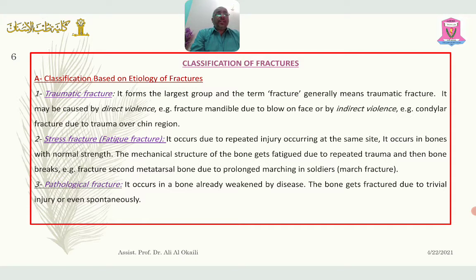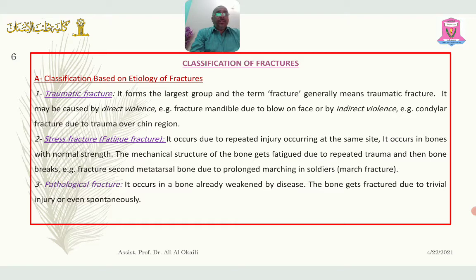Stress fracture or fatigue fracture. It occurs due to repeated injury occurring to the same site. It occurs in bones with normal strength. The mechanical structure of bone gets fatigued due to repeated trauma, and then the bone breaks.